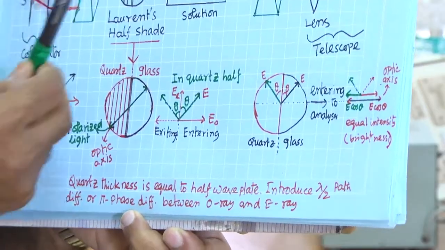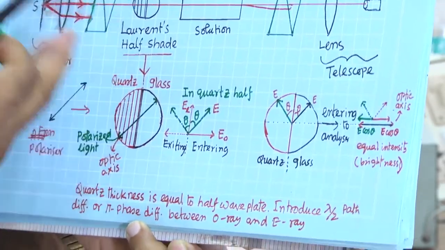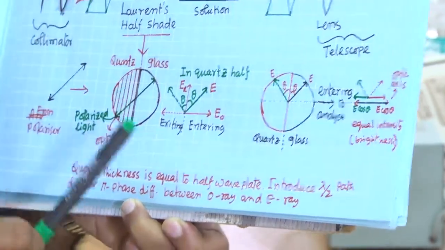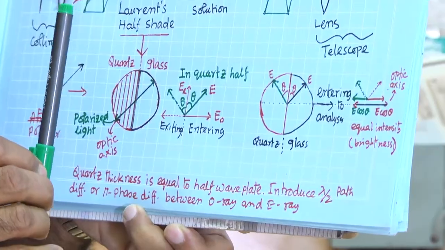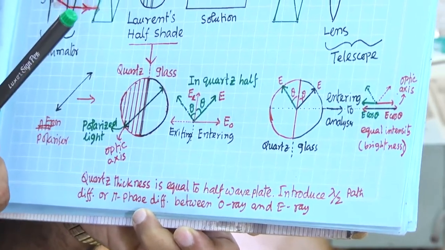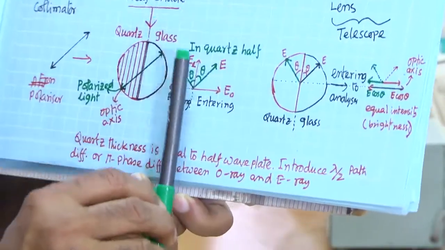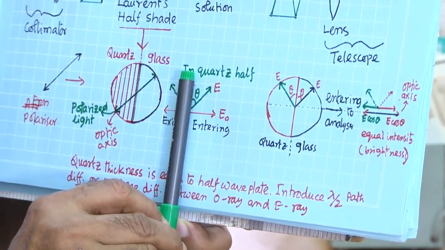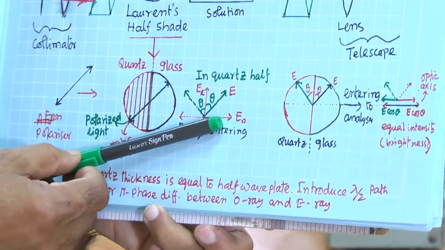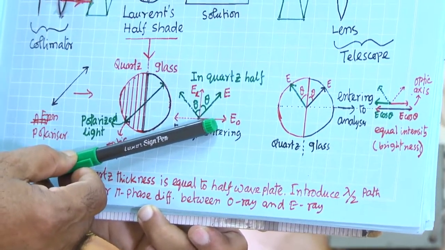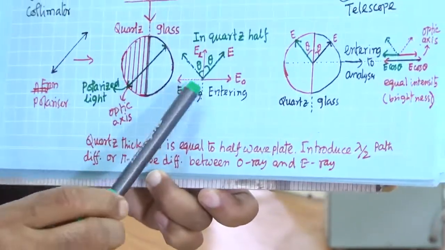That is the situation during entering. When it exits through the thickness of the plate, on the other side, what will happen? There will be a phase difference between the E ray and O ray of pi. That means, if I keep this one fixed with respect to this, and this one changes phase by pi, then this direction will be in the opposite direction, this dotted line.